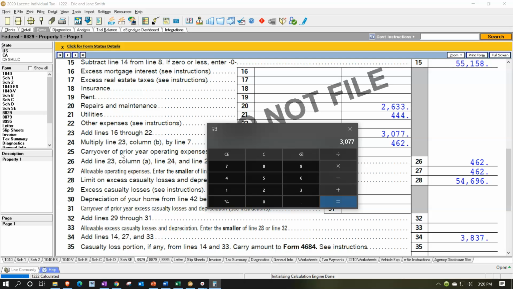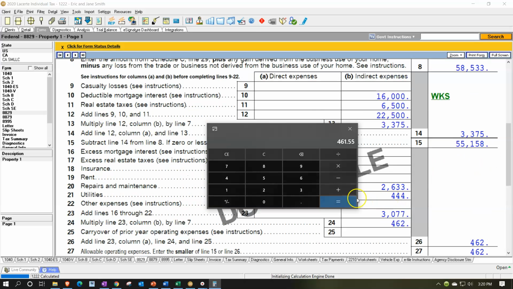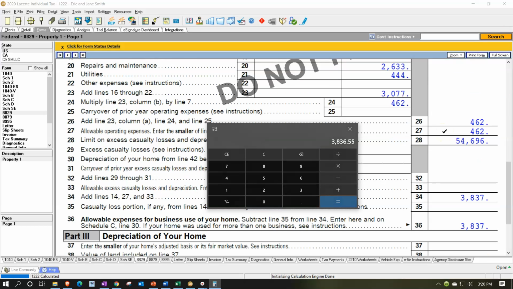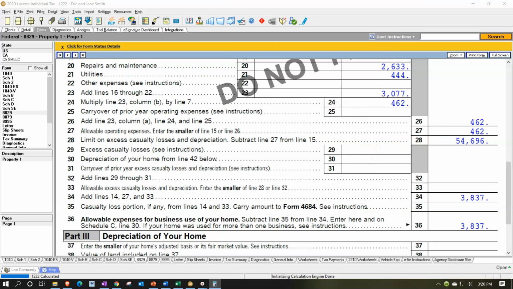That's the 3077 times the 0.15. That's going to give us our 462. The 462 plus what we had up top, which was the 3375, is going to give us our 3837 or about. So that is what is going to pull forward in essence to the Schedule C.